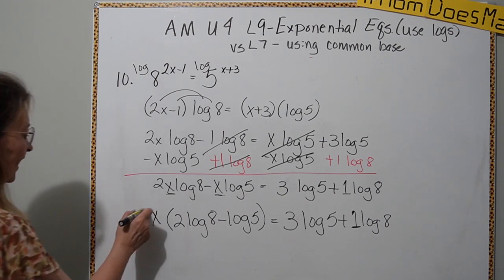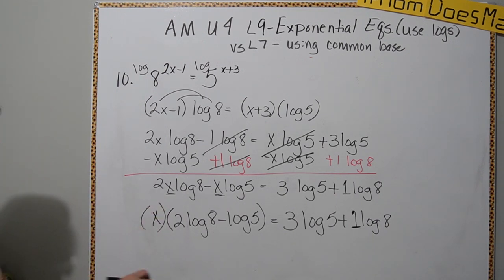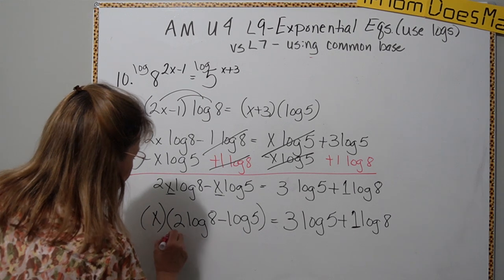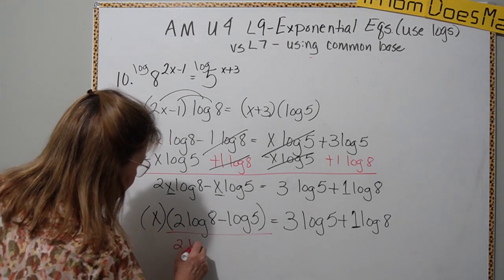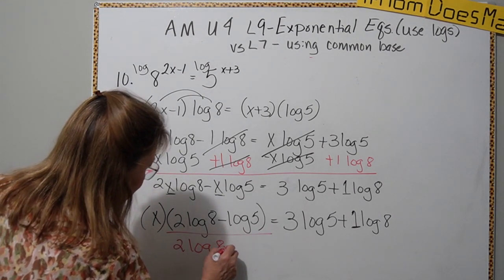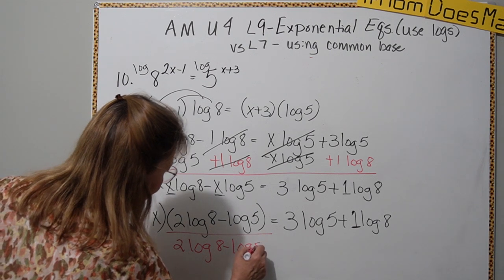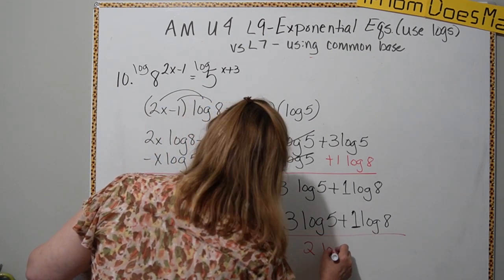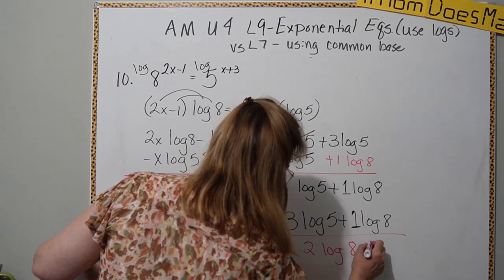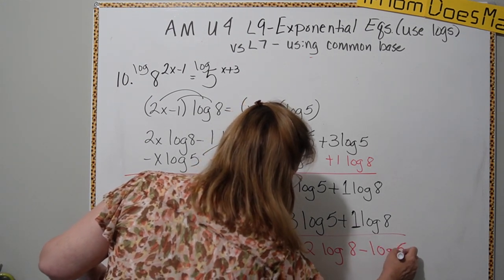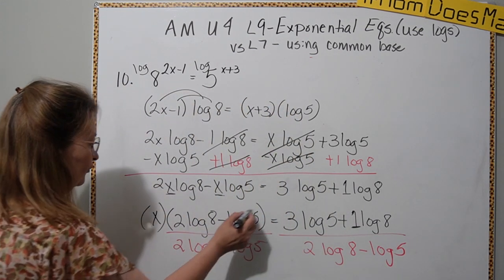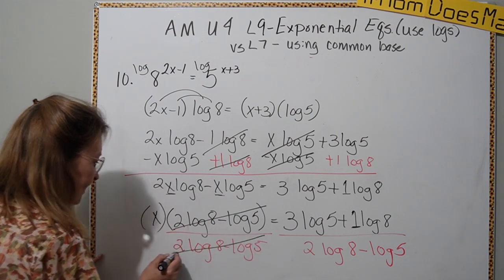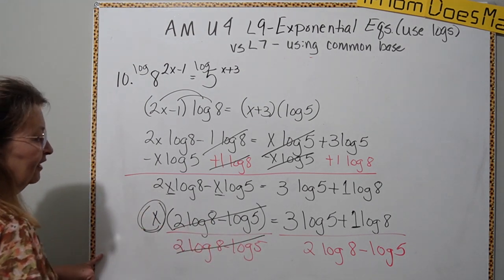All right, now that I have x over here by itself, what am I going to do? Well, I'm going to divide by this 2 log 8 minus log 5 on each side. Over here, these two things cancel, and what do you have left?